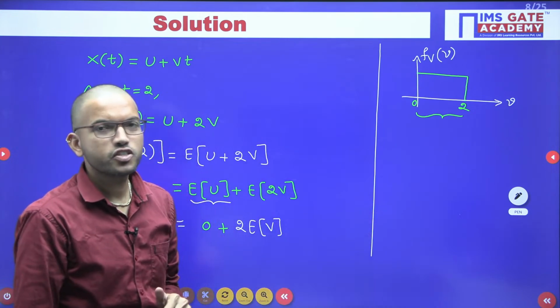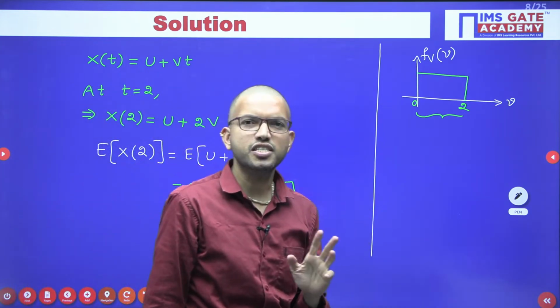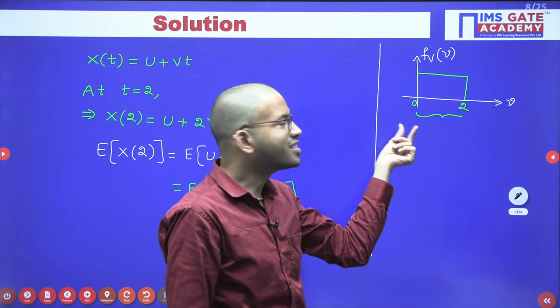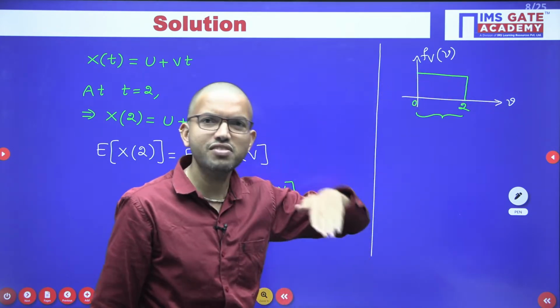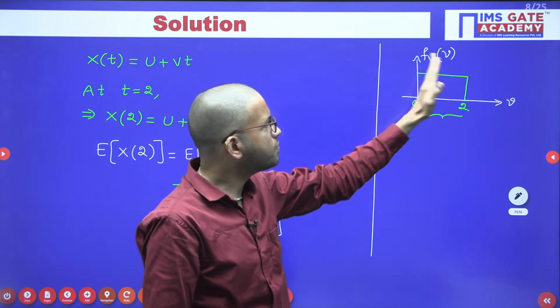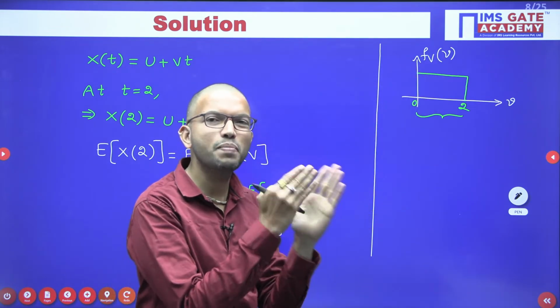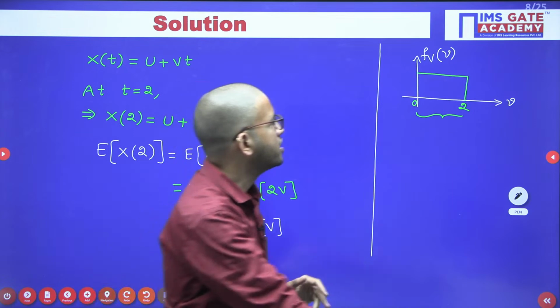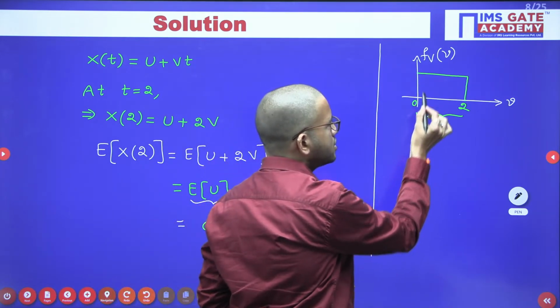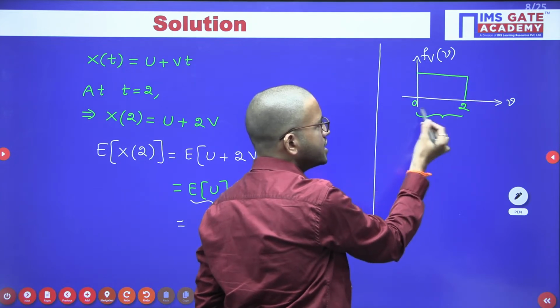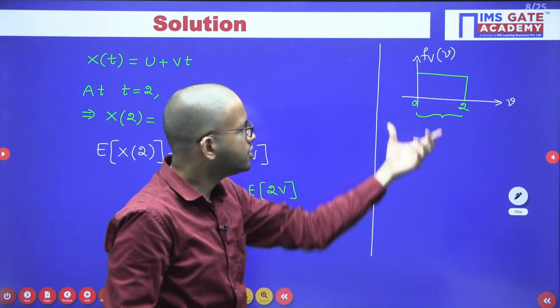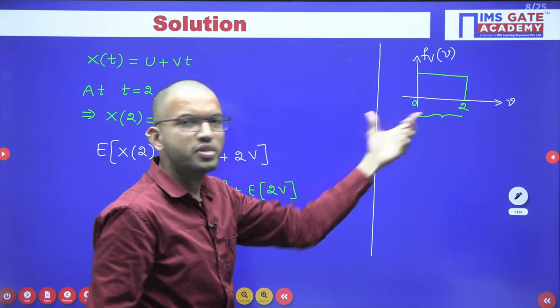Yes, very good, Manoj. Mean value is very simple. You have to consider a point on the V-axis in such a way that this particular probability density function should be symmetrical. For example, the probability density function is constant in the interval 0 to 2 for a uniformly distributed random variable.